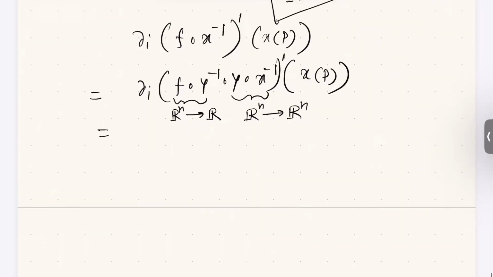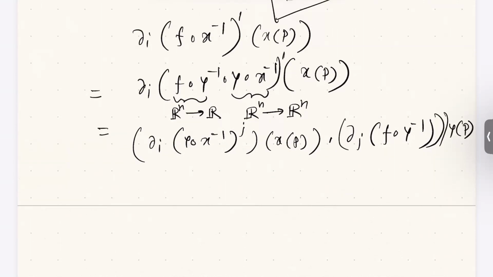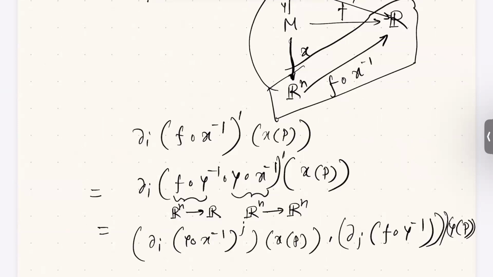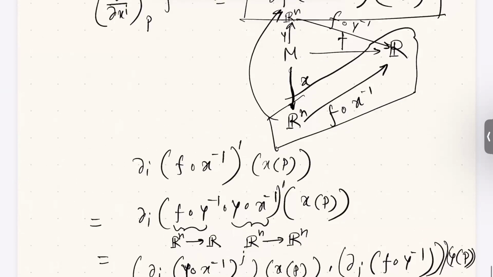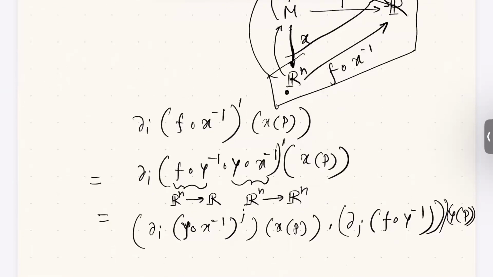Now this is del i of y of x inverse in the jth component evaluated at the point x of P, dotted with del j of f of y inverse at y of P. Because this x inverse is basically here to there, so I'm considering a point here, and this point is basically x of P because P belongs to the manifold.